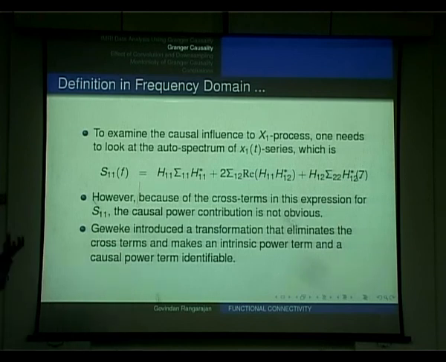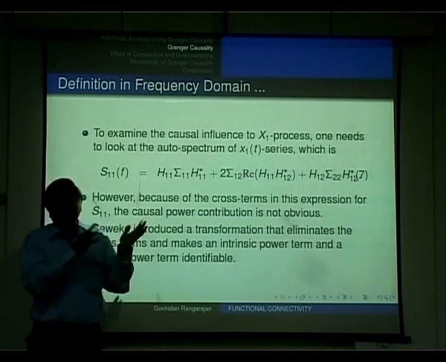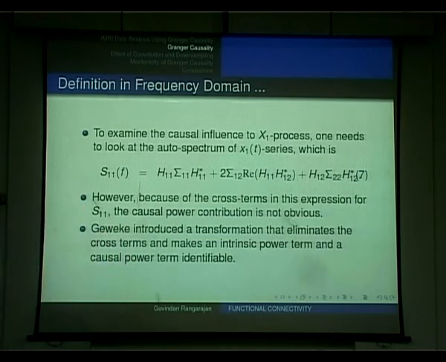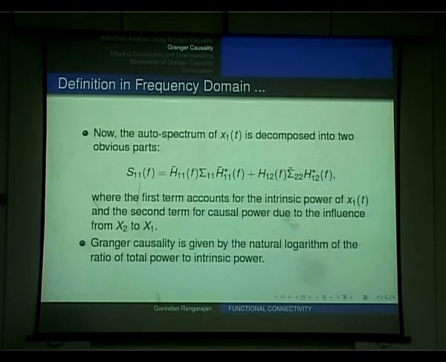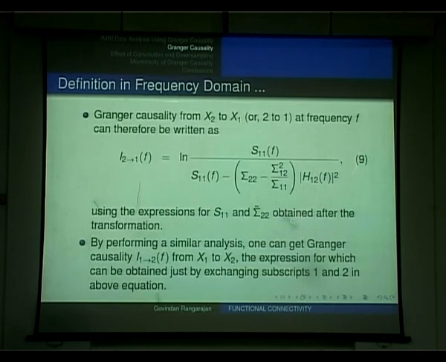Okay, so this is the translation of that error which I talked about in the time domain to the frequency domain. Again you have to do some further analysis. Let me not get into that, but essentially what you have ultimately is this expression, quantification of Granger causality at a frequency f from 2 to 1.